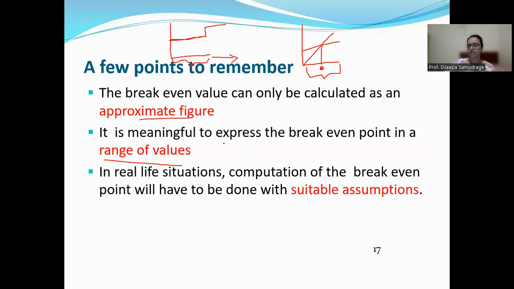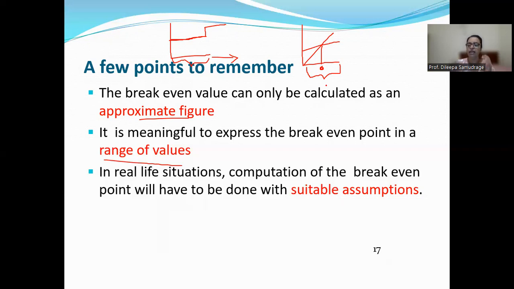Fixed cost may increase. Therefore, always you have to express your break-even point within a relevant range, because in that range your fixed cost is fixed. Beyond that range, your fixed cost may increase. So always you have to express the break-even point in a range of values.